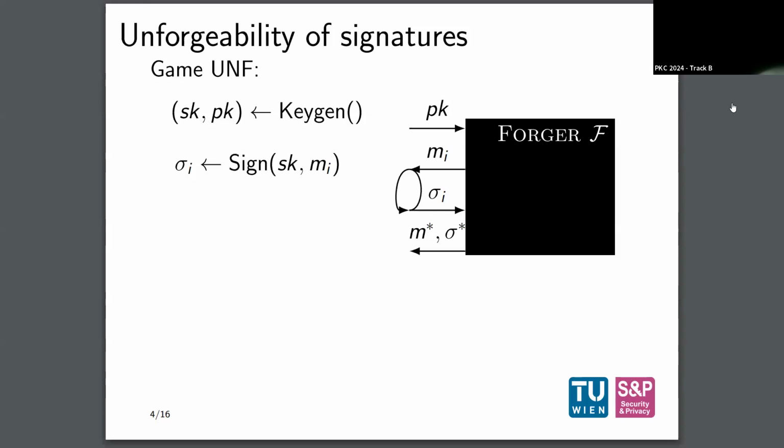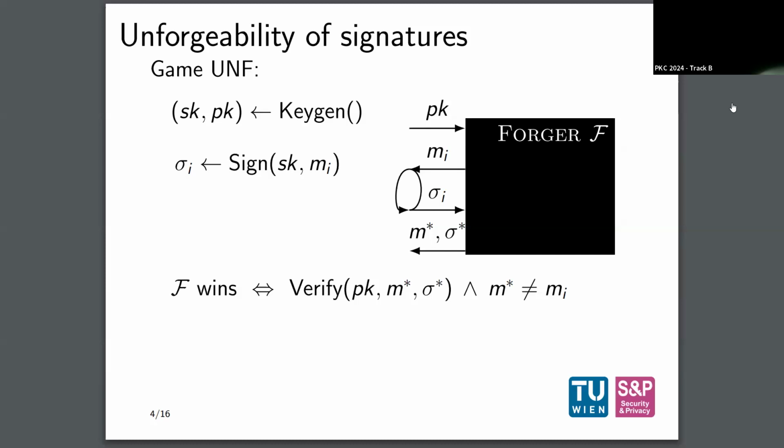Now, I presume you're familiar with the concept of unforgeability of a signature scheme. We have this unforgeability game where the forger is given the public key, then it can ask for signatures on messages, and then it outputs a forgery, and it wins whenever the signature is valid on the message and it hasn't asked for the message previously.